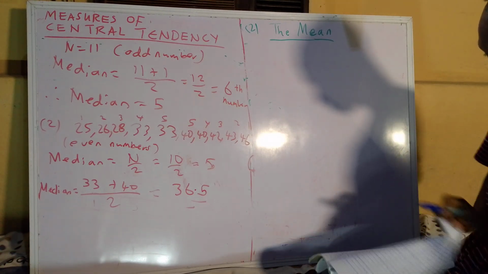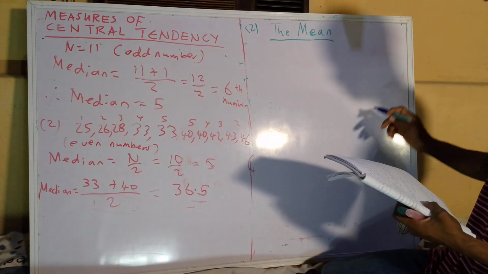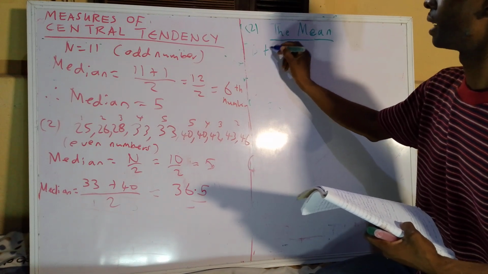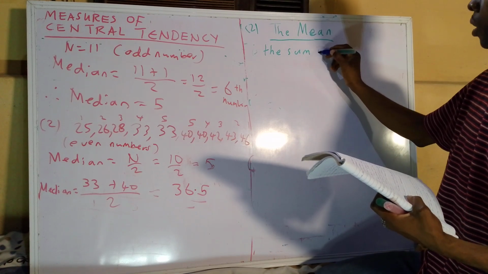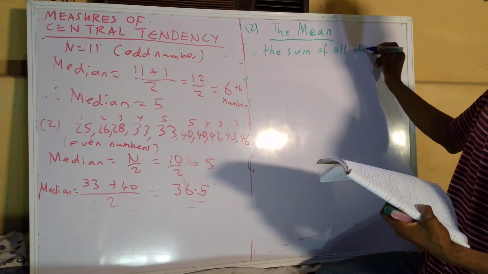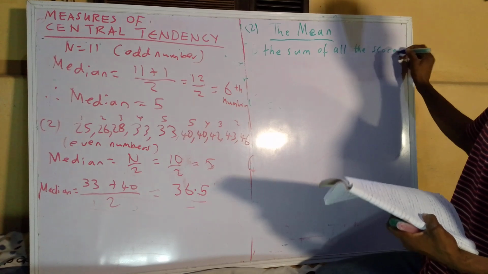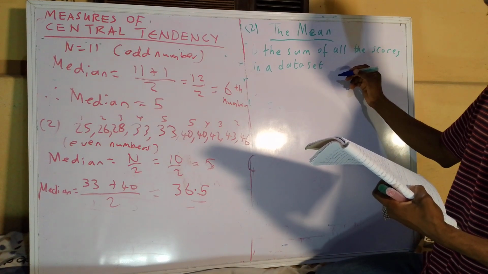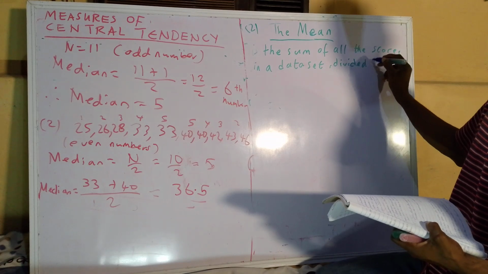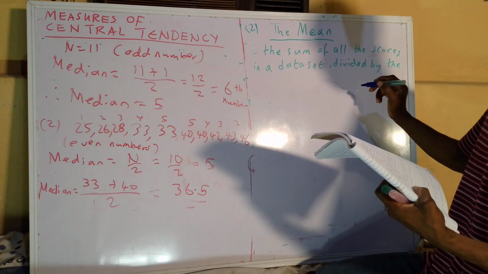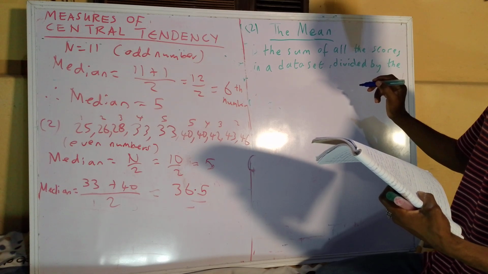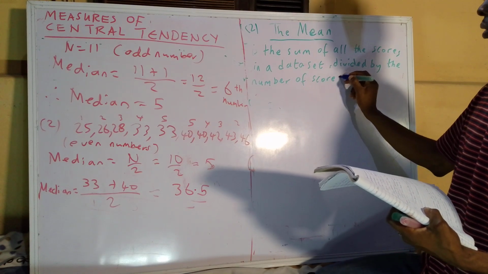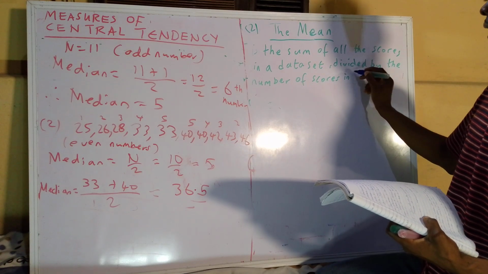When we're talking about the mean, the mean is the sum of all the numbers in the data set, or all the scores in a data set, divided by the number of scores in the data set.